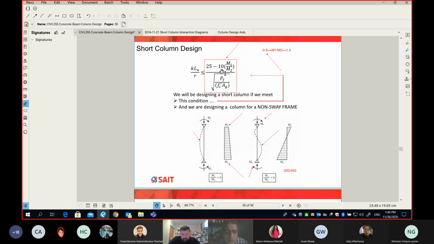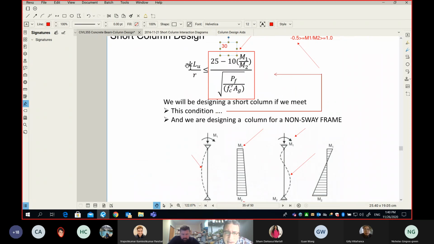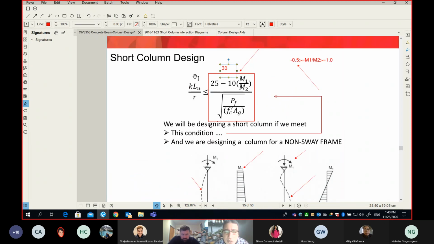You have to go through the equation, and let's say this number happens to be 30. It has no units. Remember, this is your lambda maximum, and lambda has no units. Then you look at your column and find the K, the L sub u, the r, and compare the lambda for your column against the lambda maximum.